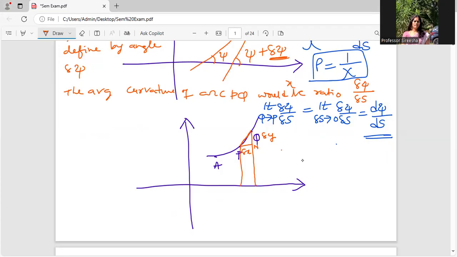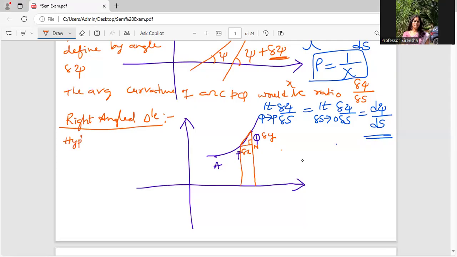Now, once I draw a straight line from P to Q, this forms a right-angled triangle, right? Using the right-angled triangle concept, the Pythagoras theorem, PQ is my hypotenuse.